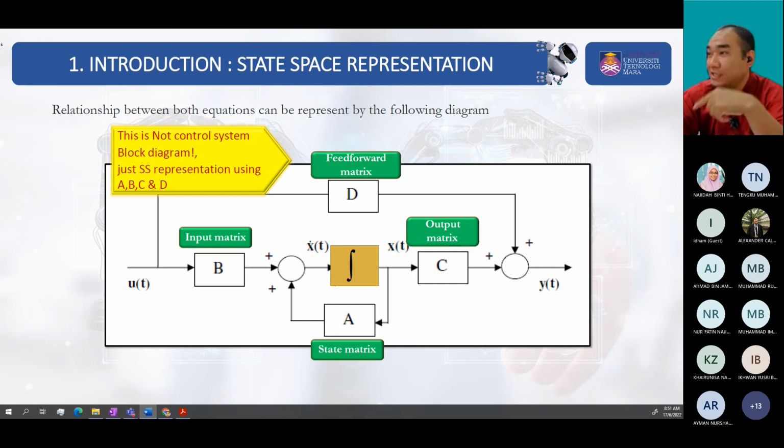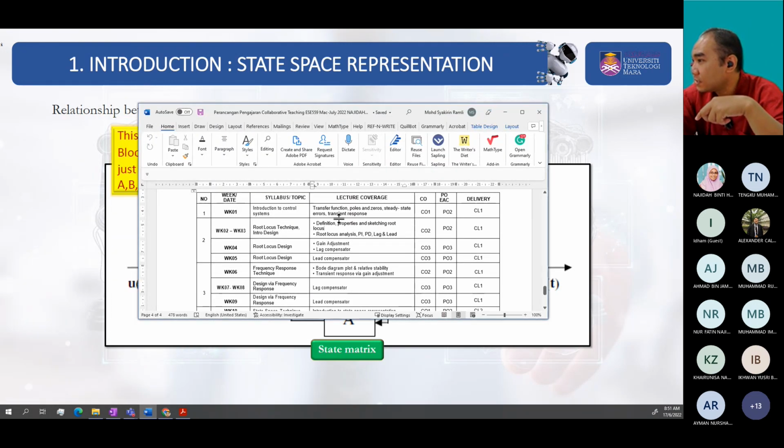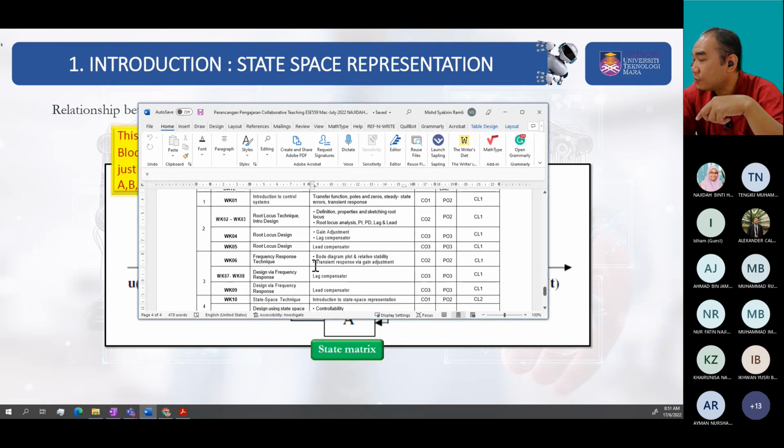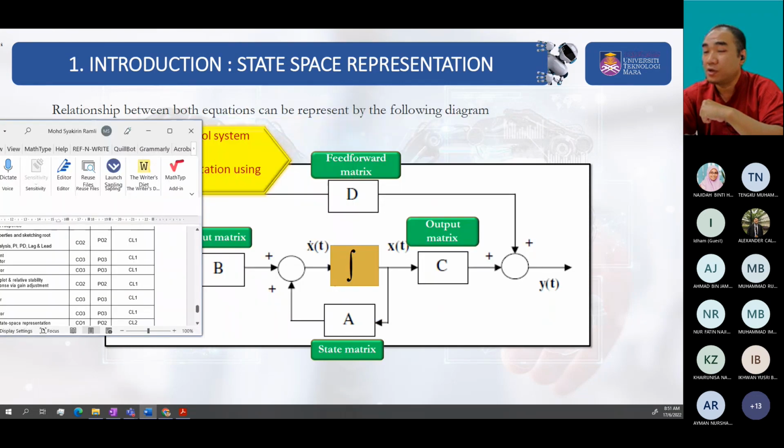Kalau kamu consider balik block diagram, the one that you have learned previously under this topic kan, you learn about transfer function and then you design PI controller dan sebagainya. When you have those block, inside those block is the mathematical representation in terms of transfer function. Kan G of S, kemudian you have controller C of S and so on.